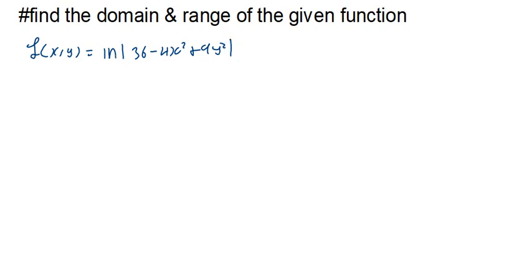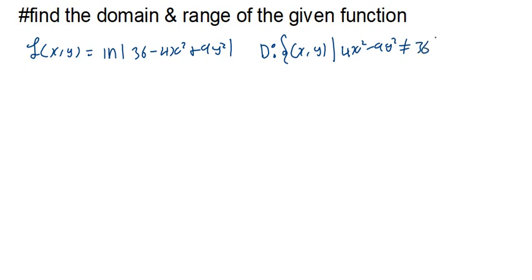So it basically means for the domain, how can I write this? Okay, for the domain, since I'm only avoiding 0, I'll say x comma y such that 4x squared minus 9y squared does not equal what? Does not equal 36.